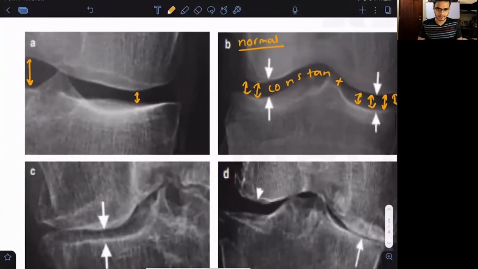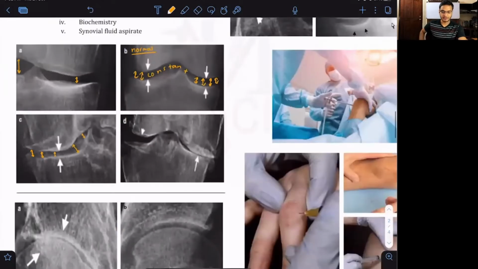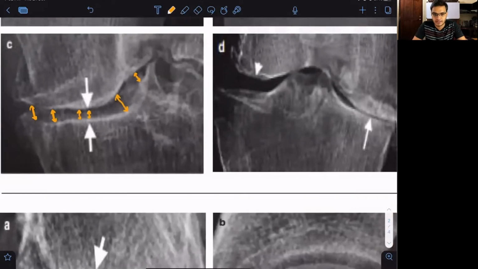Okay. Look at that. That is joint space narrowing, right? Look at this C1, guys. Same. Look at these varying joint space lengths, right? These signify joint space narrowing.